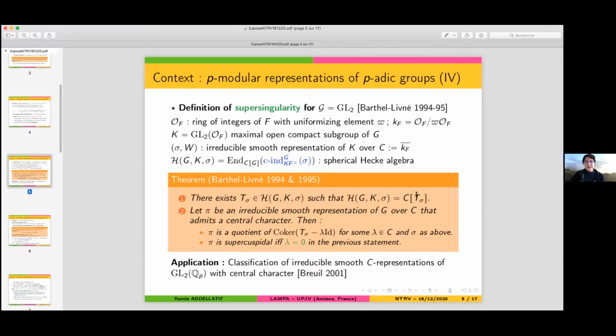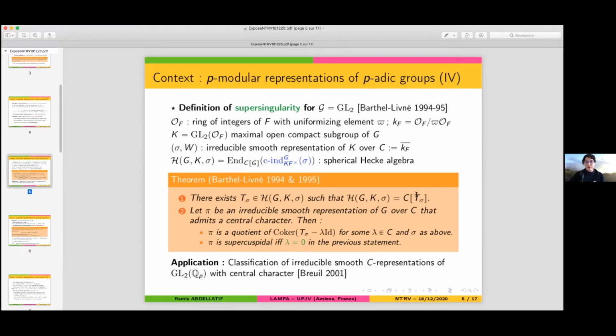Actually, they are either parabolically induced representations or extensions of a character by a twist of the Steinberg, in one way or the other. So we have non-trivial extensions of the character by a twist of the Steinberg, and conversely. And so the point here is, but what happens if lambda equals 0?